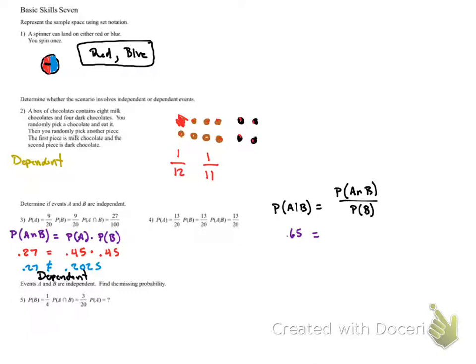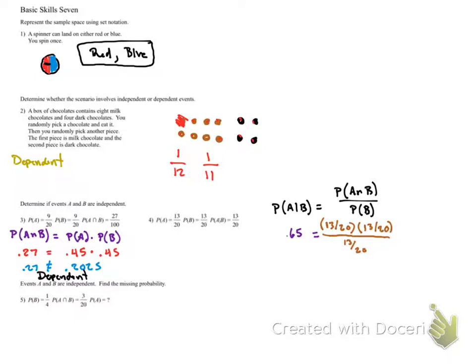In my calculator, I put 13 over 20 times 13 over 20 divided by the probability of B by itself, which is 13 over 20.